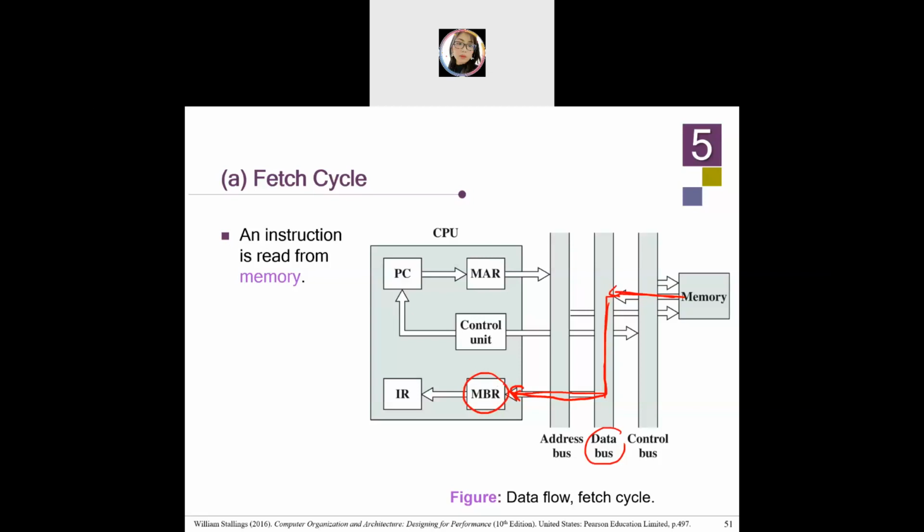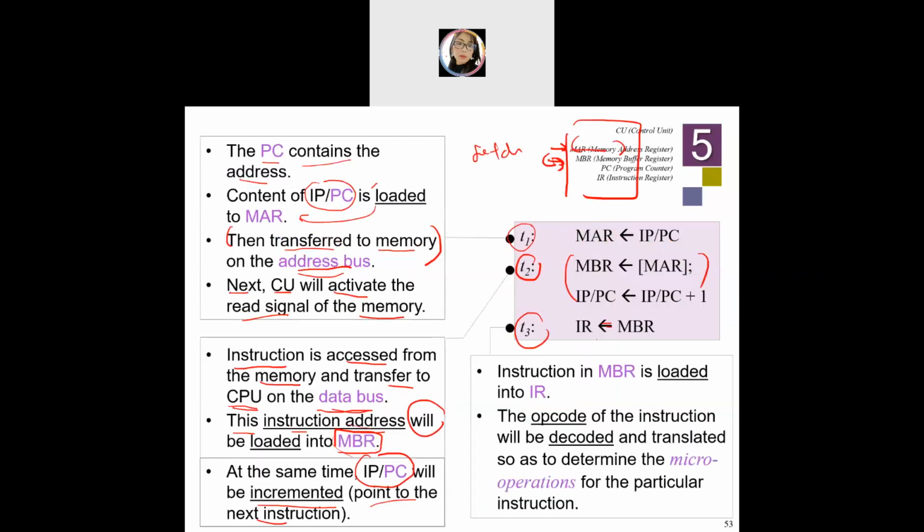After that, you have the last one, where the instruction in MBR is loaded into your IR, which is the instruction register. The opcode of the instruction will be decoded and translated so that you determine the micro operation for a particular instruction.